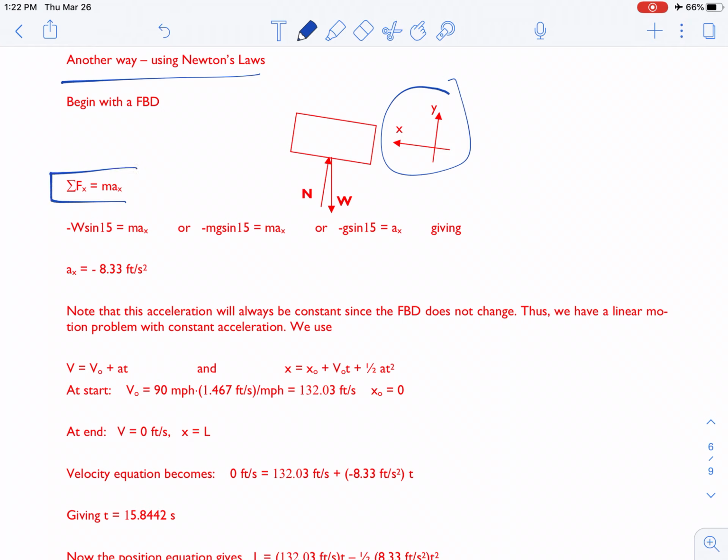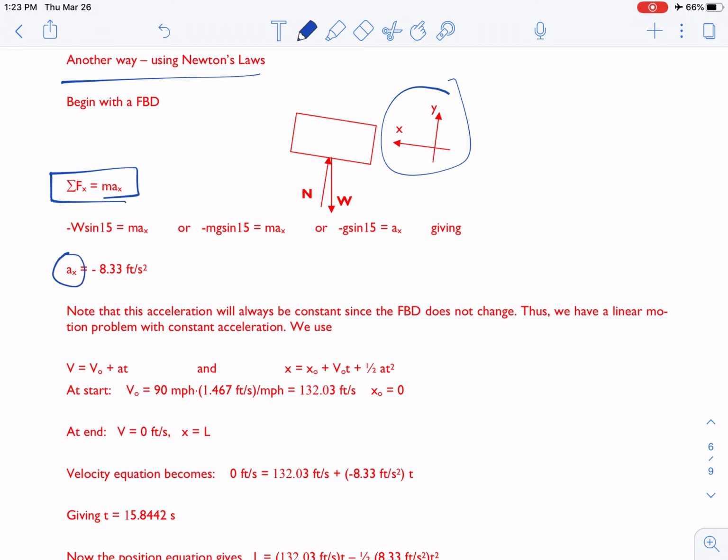For the work term, you don't need it because what matters is the displacement direction, and you're comparing the angles between the force and the displacement. But for Newton's laws, you have to have this coordinate system. And it can be different than what you chose before. You don't have to use the same thing as we assigned for the energy conservation.